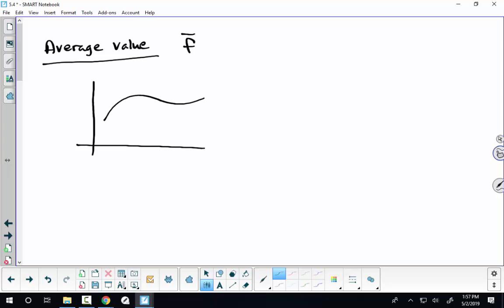If we start off with a more basic approach and look at a function f of x from a to b, and divide that up into some subregions, let's do five subregions.